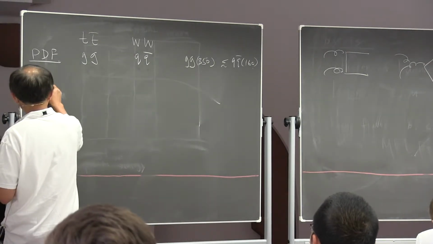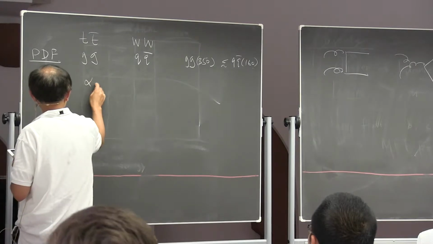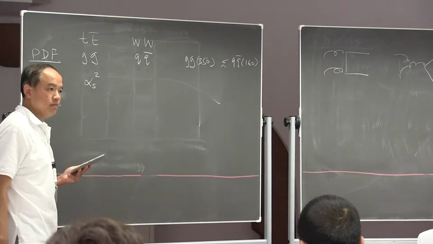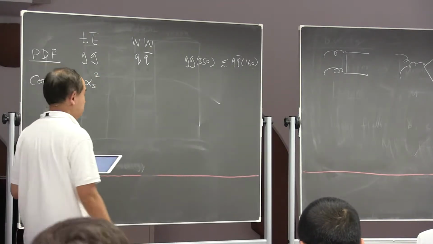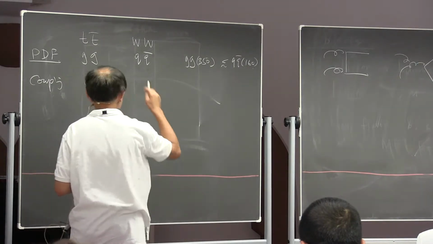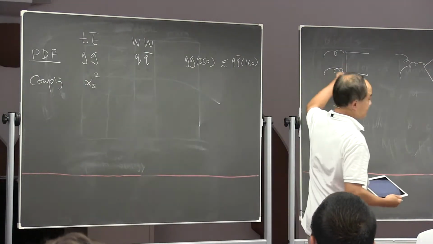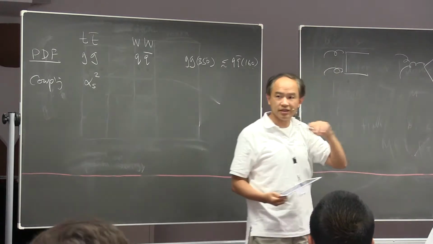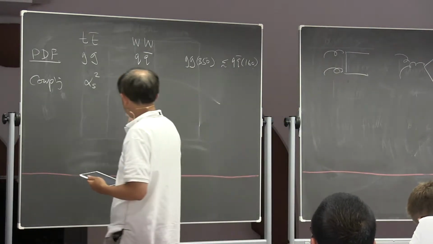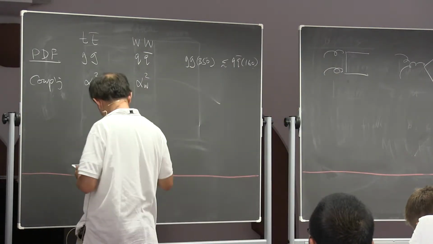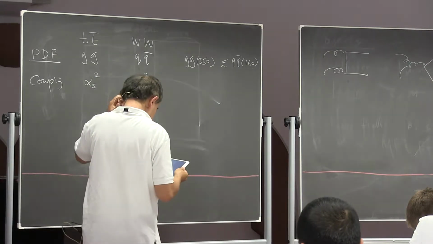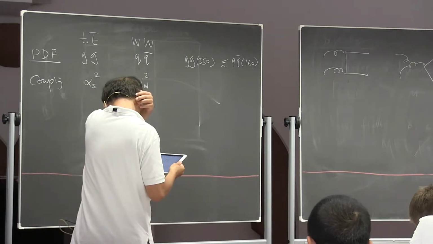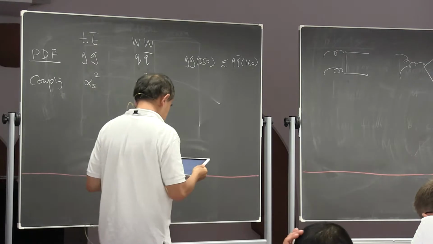But there's a coupling, and this is alpha s squared. So this is a g_s, and you square it. It's alpha s squared. And this is alpha weak squared.